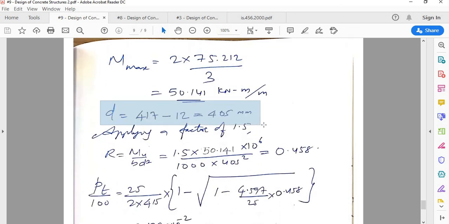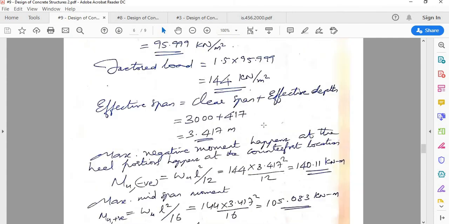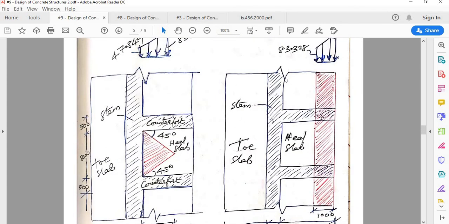Then effective depth you calculate, because now you already have reinforcement which I calculated for this action. For this action, along the top we had calculated 12 dia bars in this region.